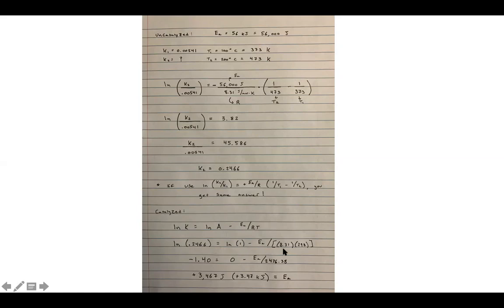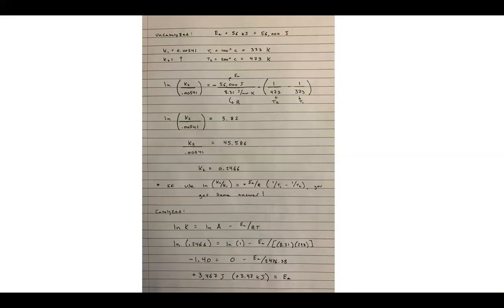My R is that 8.31 constant, and my temperature, 25 degrees Celsius converted to Kelvin, is 298 Kelvin. From here, I'm going to solve for activation energy. It's just algebraic manipulation. And you'll find that activation energy is positive 3,467 joules, which is approximately equal to 3.47 kilojoules.